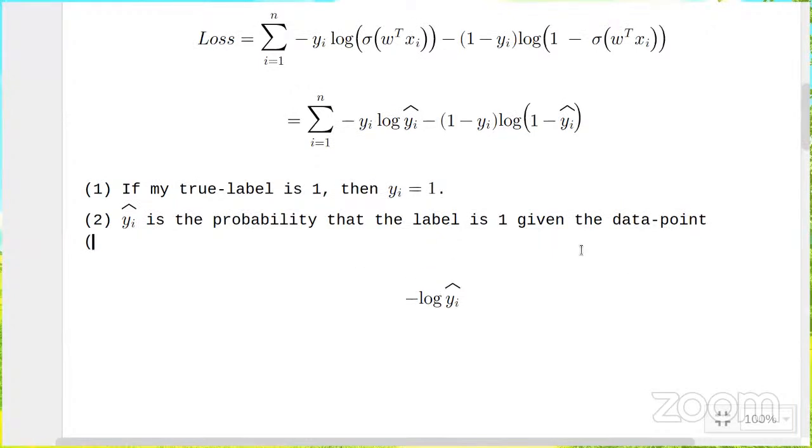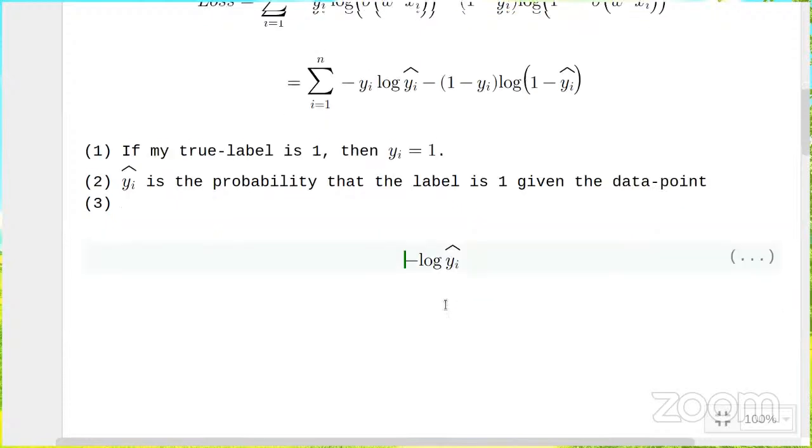Now, what is a good loss function? A good loss function should penalize me if my prediction is way off the true label. So if y hat i is equal to 1, then the loss is 0.